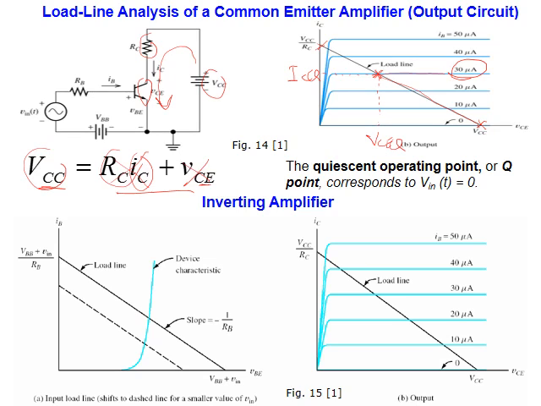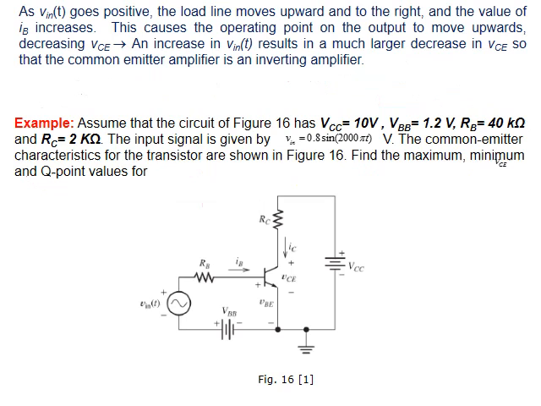Now this is how we work using load line analysis to find the operating point, output current and output voltage, ICQ and VCEQ. You remember here, this is the voltage, the maximum value. So when the sine becomes 1, this is the maximum value. When the sine becomes -1, so it means minus 0.8 Vin, this is the minimum value.